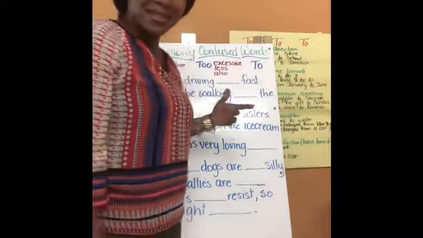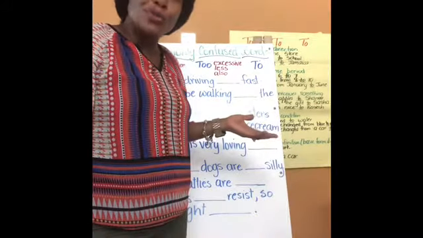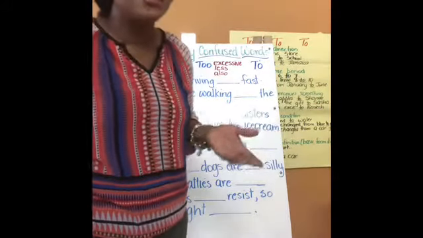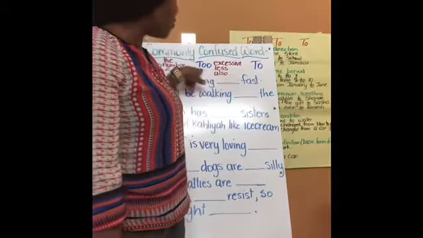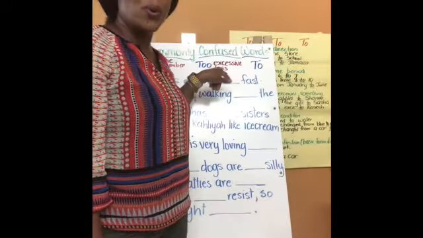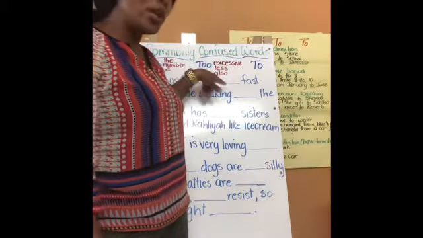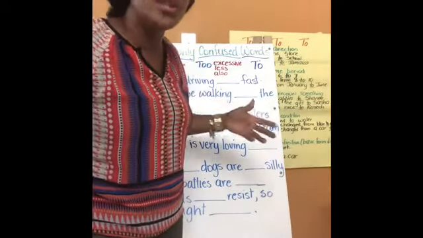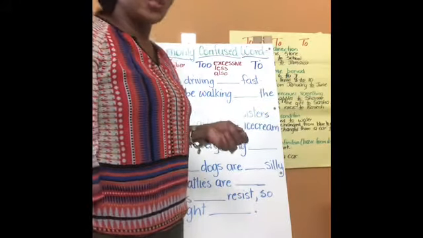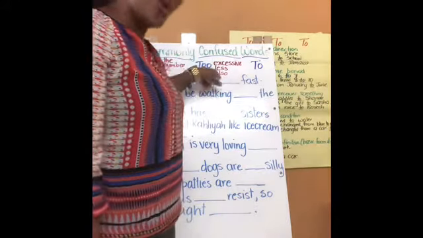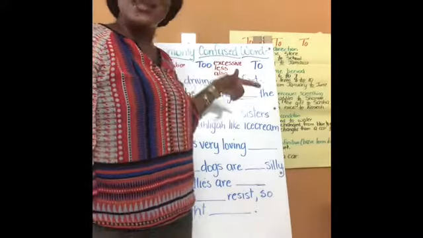Then less. If there's less than is required, then it's too little. So if we say too little, then we're also referring to TOO. He's going too slow, that's below the speed that you're requiring or that you're expecting. So that's also TOO.